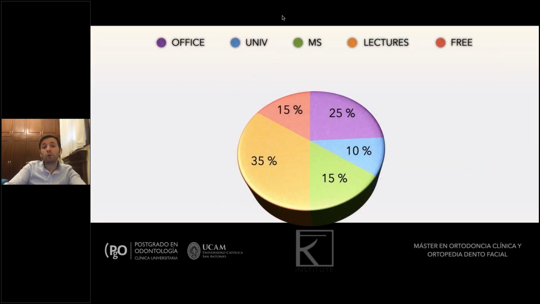And it's simple for us as well, because it allows us to spend less time in the office. Look, this is the time that I spend in the office nowadays. I spend 25% of my time in the office, 10% in the university, 15% in the master, okay? 35% I spent last year giving lectures abroad, and 15% of my time is free time.